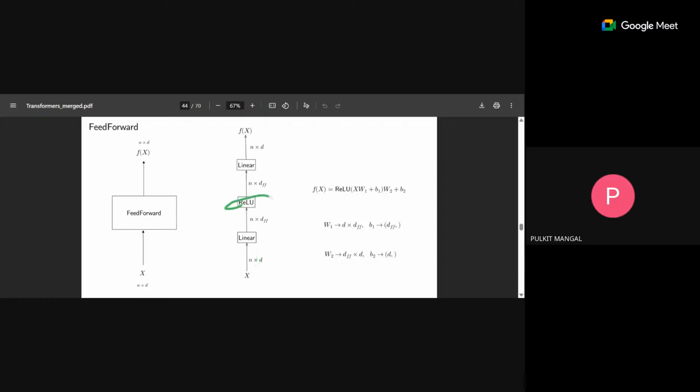That was the size that they chose for the hidden layer in the original paper. So if the input is D, then they choose the hidden layer size to be either 2D or 4D. So that's about the feed forward neural network. Any doubt here?